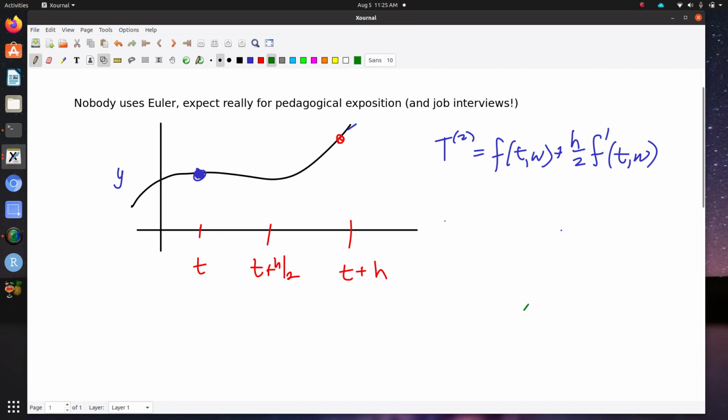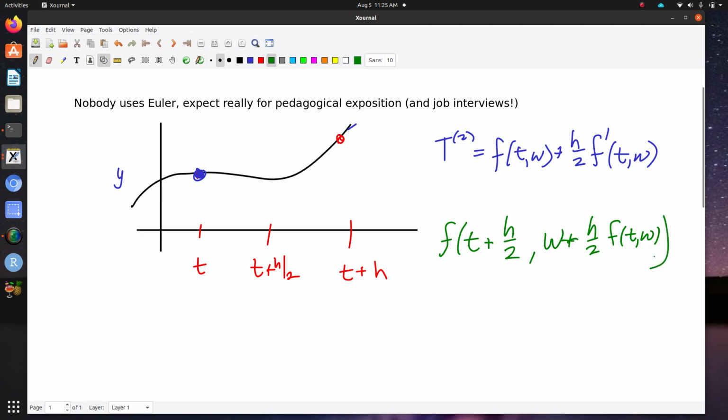Okay? So what we're going to do instead is something different. We're going to do f of t plus h over 2. So this is how we're going to estimate a good derivative for y. And we're going to take the y value to be our previous y value estimate plus h over 2 f of tw.